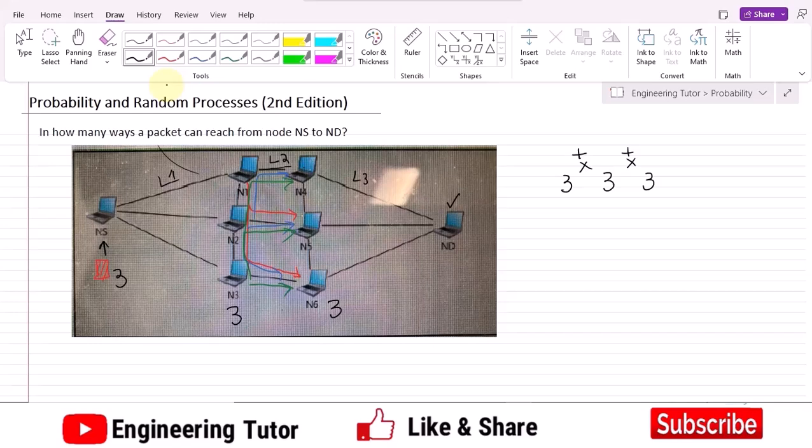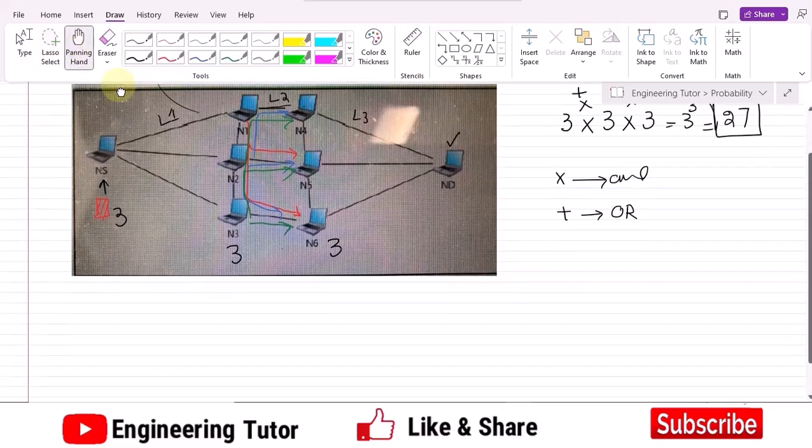So this is the AND problem, and I have previously told you that for all the AND problems I have to multiply, and for all the OR problems I have to add. Okay, so now here as this is clearly an AND problem, I have to use multiplication. So it will be 3 raised to power 3 and it will be 27. Okay, so here we have 27 different paths.